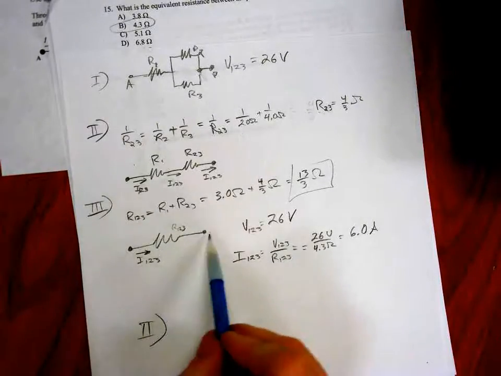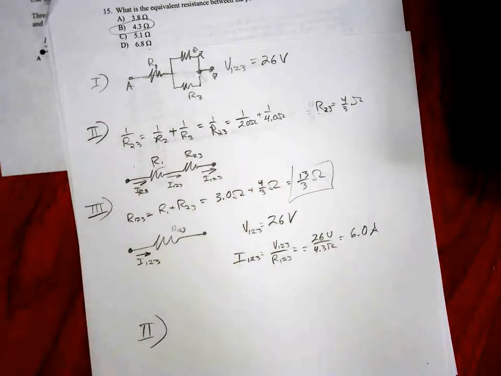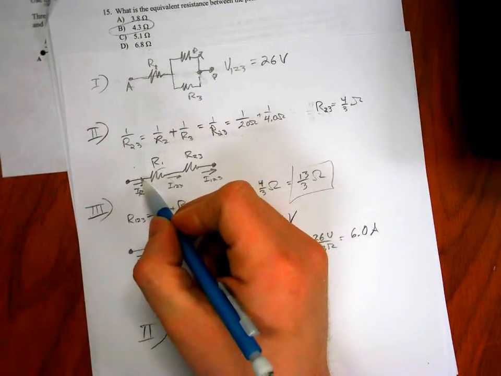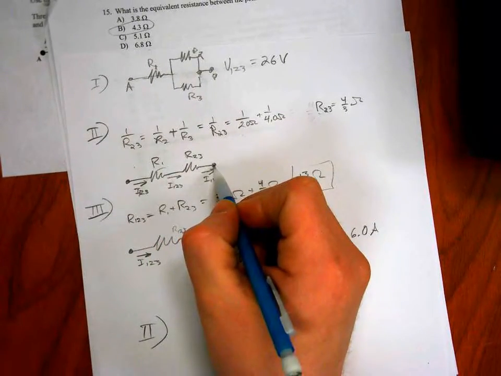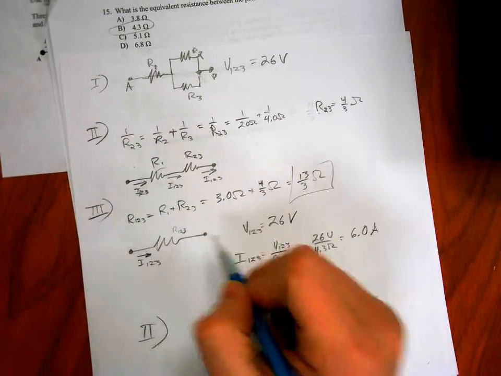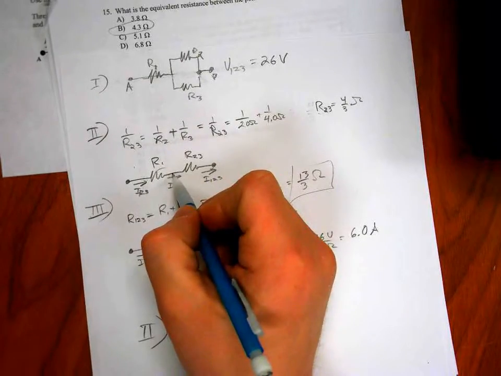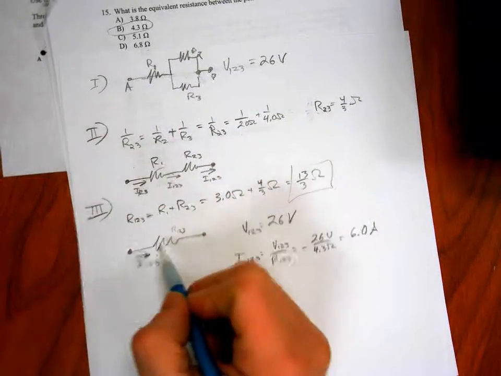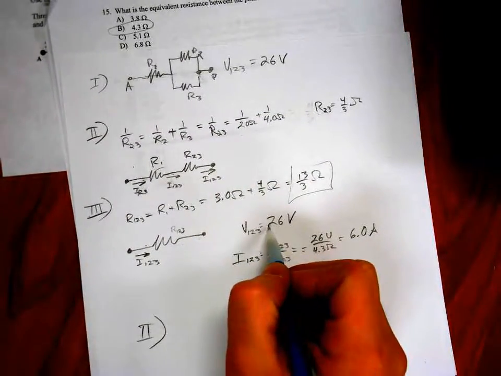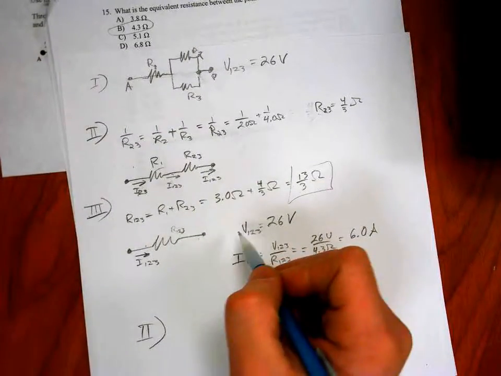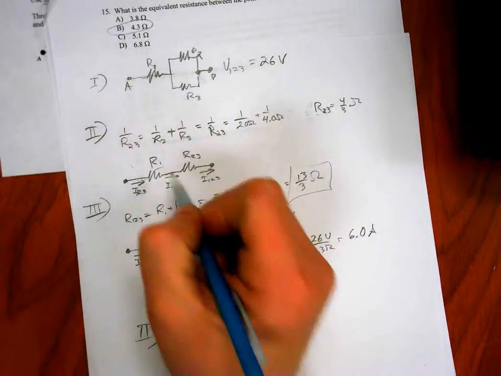So the current through the equivalent resistor is the same as the current through that. But we have to go here, because we don't know what the voltage drop over each one of these is individually. We know the voltage drop across the whole thing is 26 volts because that's given to us in the problem, but we don't know what the voltage drop over just that is. If we know the voltage drop over the whole thing is 26 volts, and we know the resistance of the whole thing, then we can find the current through the whole thing, which is going to be equal to the current through that small part.